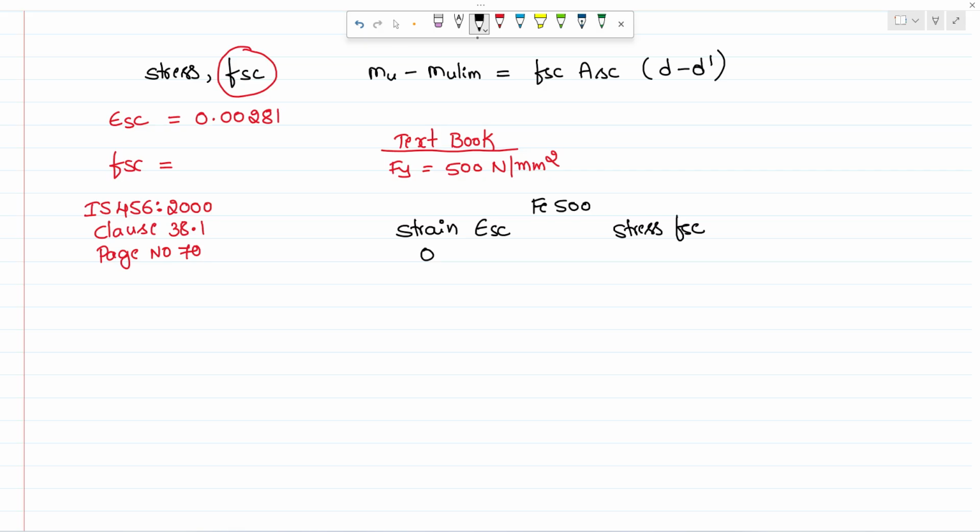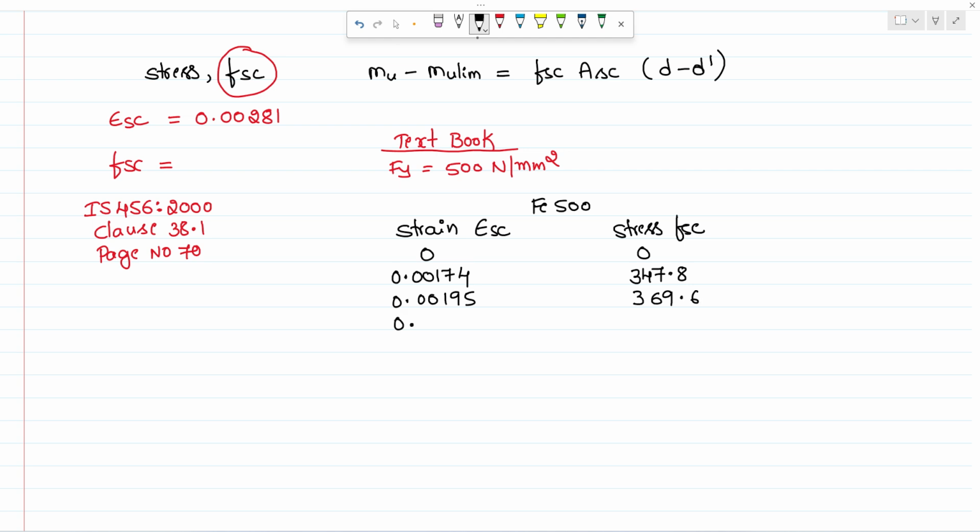For strain 0, stress will be 0. When the strain is 0.00174, the corresponding stress will be 347.8. When it is 0.00195, it is 369.6.